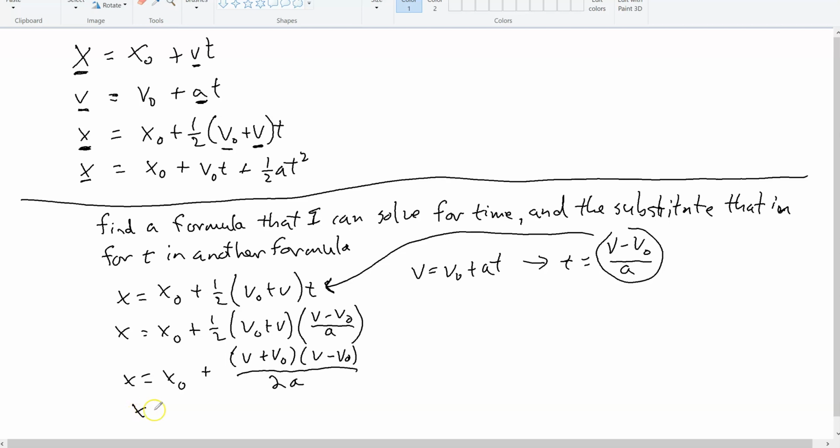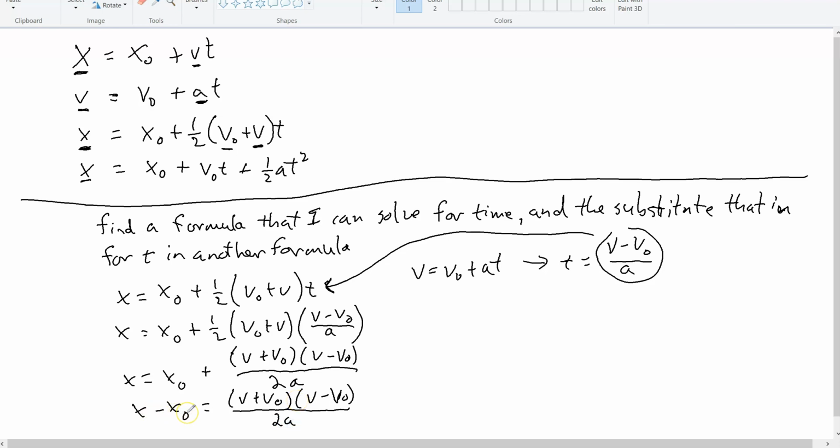And so now I have x minus x0 equals v plus v0 times v minus v0 all over 2a.